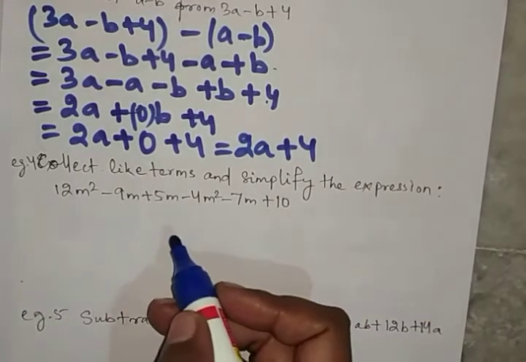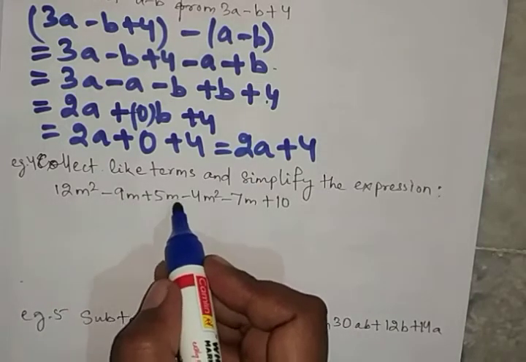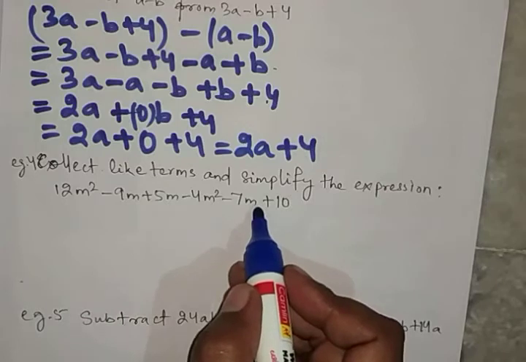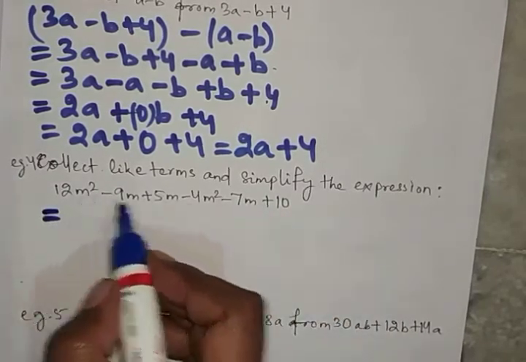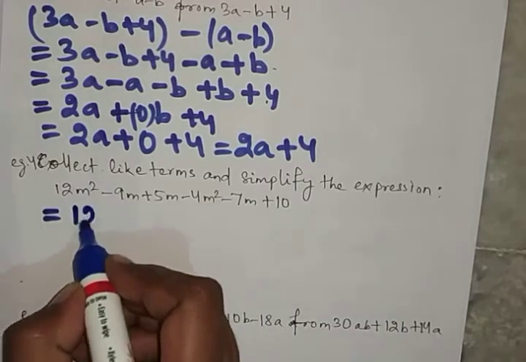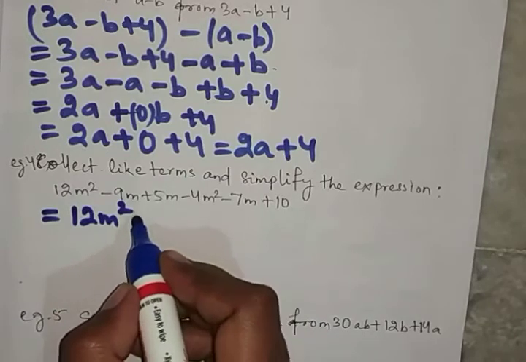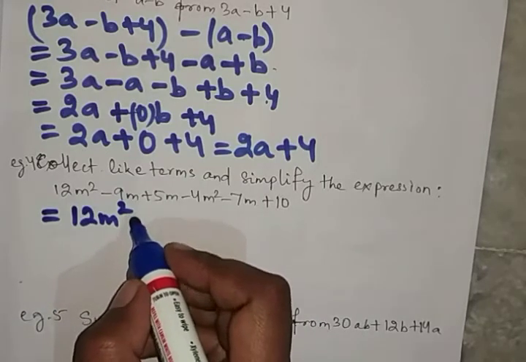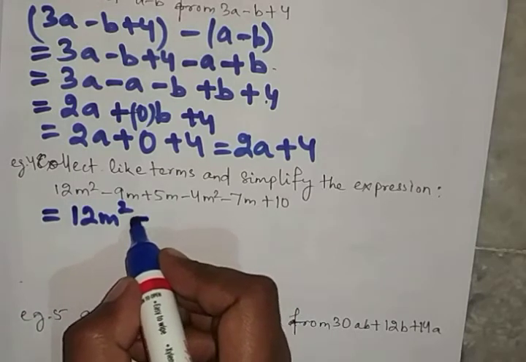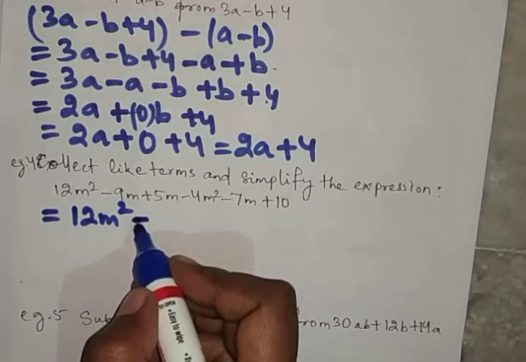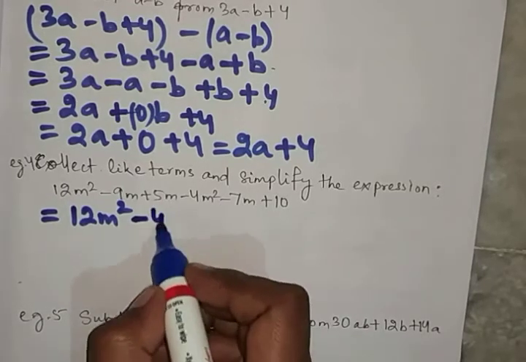12m square minus 9m plus 5m minus 4m square minus 7m plus 10. So look at here. We will collect the like terms. So 12m square minus 4m square.